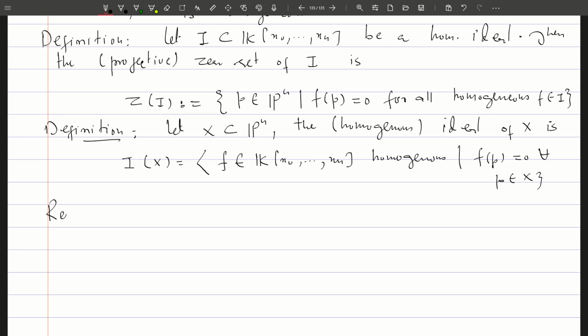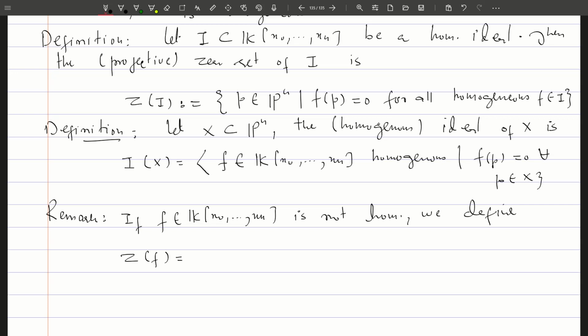So if f in the polynomial ring is not homogeneous, we can define the zero set of f to be the set of all points a0 up to an in the projective space such that f of a0 up to an is 0.